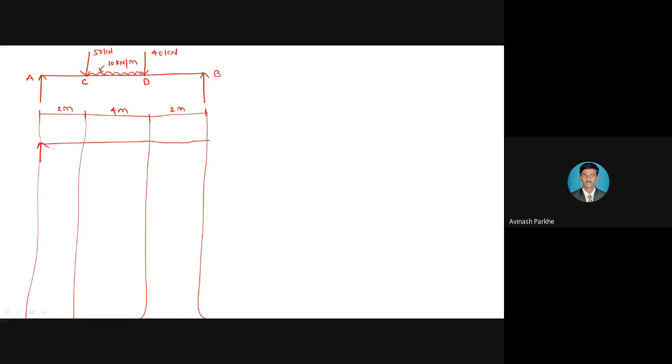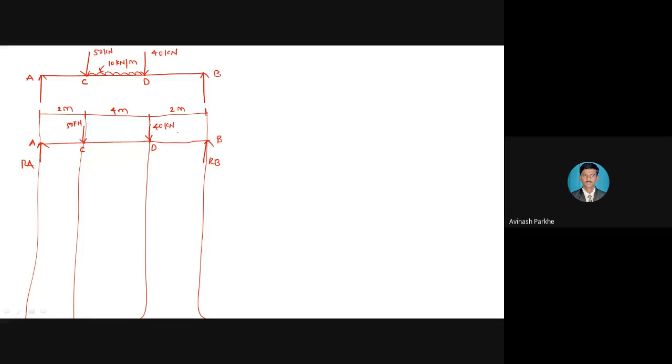So this reaction RA as it is. This is reaction RA, means point A is there. This is reaction RB, means point B is there. This is point C. Original points only you have to locate. This is point D. The load applied at point C, 50 kilonewton. Load applied at point D, 40 kilonewton.